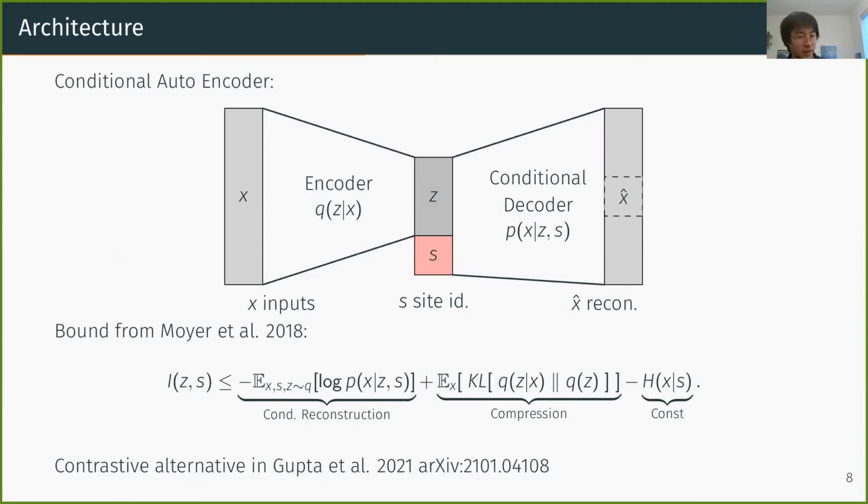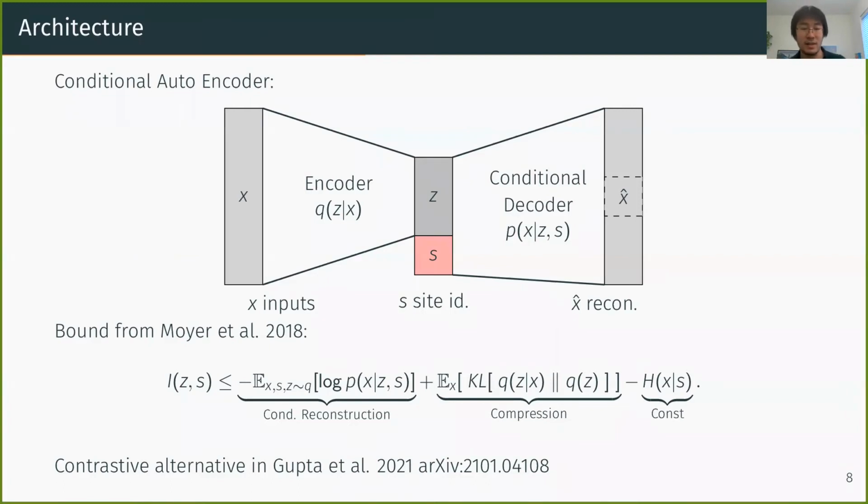And according to our 2018 paper, we can break down this invariance criterion as the mutual information between Z and S, which is a relaxation of our orthogonality constraint. And that we can further break down into a conditional reconstruction and a compressive term.